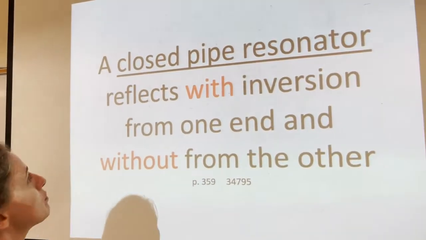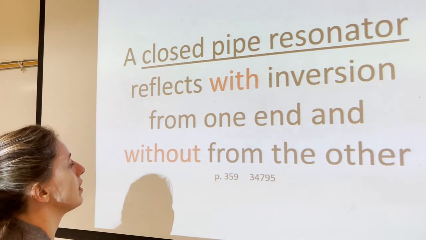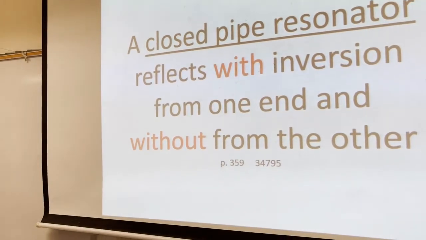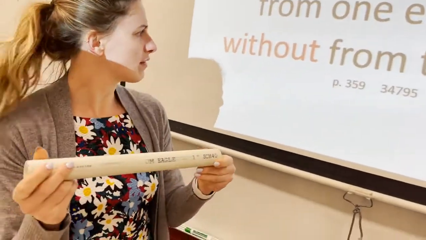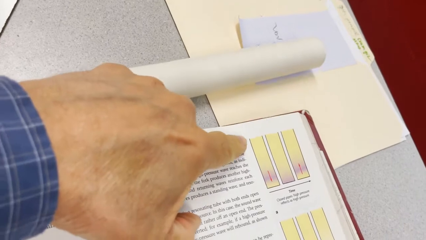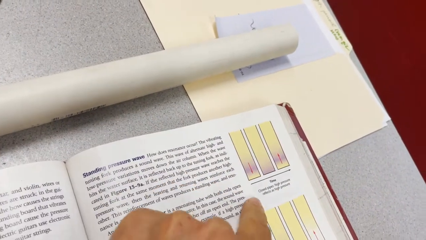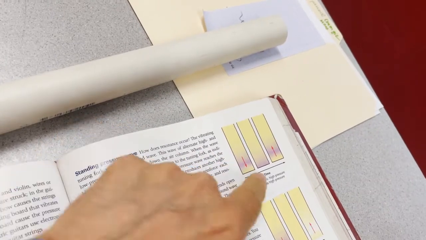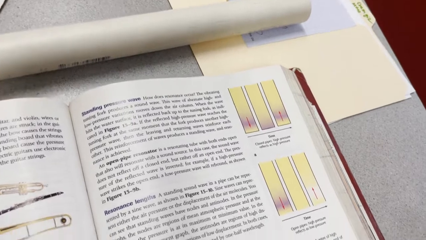A closed pipe resonator reflects with inversion from one end and without from the other. What the heck does that mean? Well, here you've got a compression that goes down and a compression that comes back up, so you get constructive interference right here.